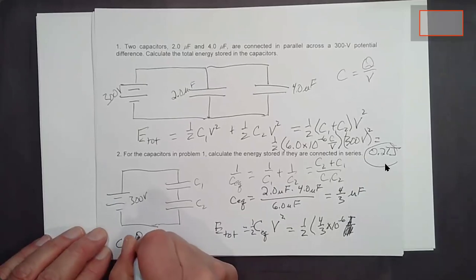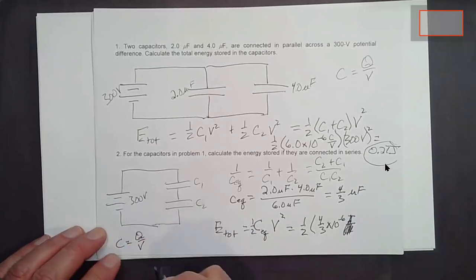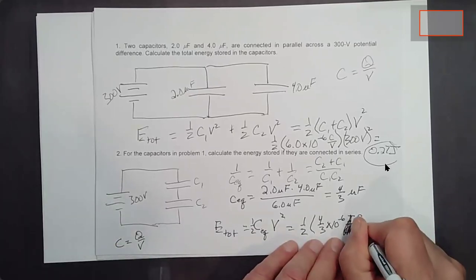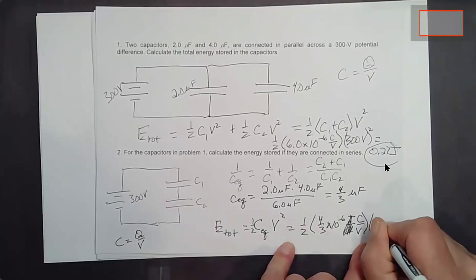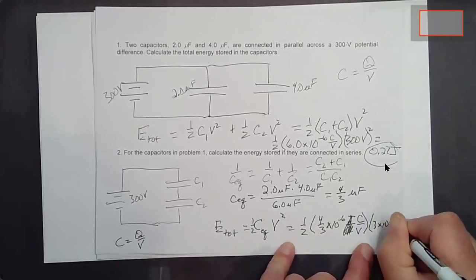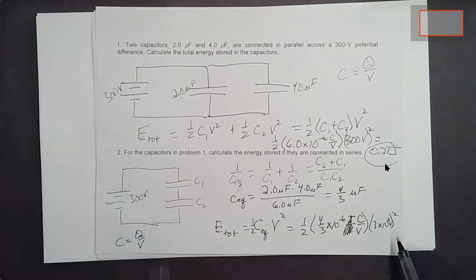C equals Q over V. Farads, coulomb per volt. I don't know what I was thinking. Anyway, times that 3 times 10 squared volts squared. And I will end up with joules again. I feel like doing that in my head.